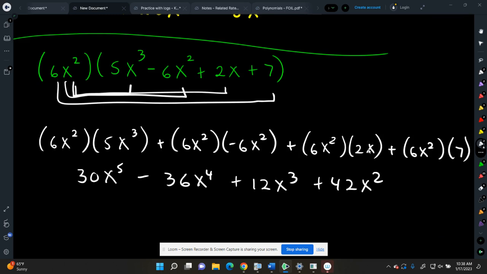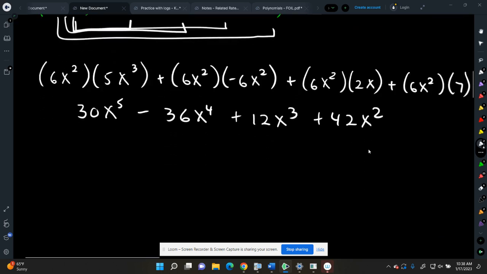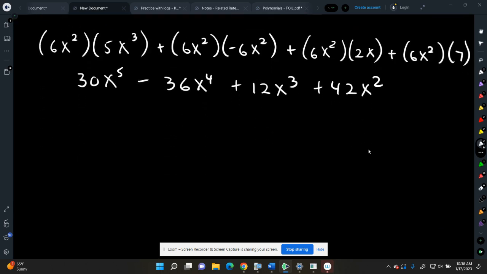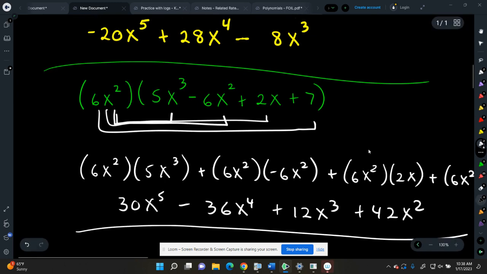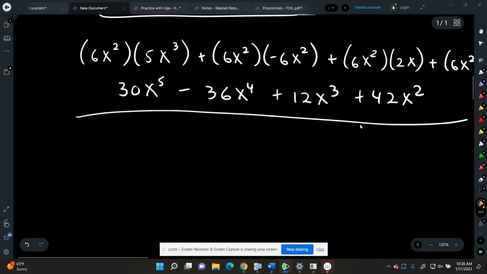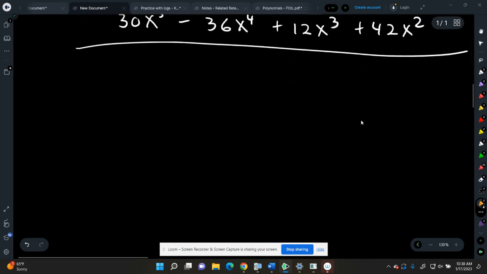Okay, so now we're going to look at multiplying a binomial times a binomial. If you notice on these examples I gave you, it was always one term times many terms, right? So now a binomial times a binomial.